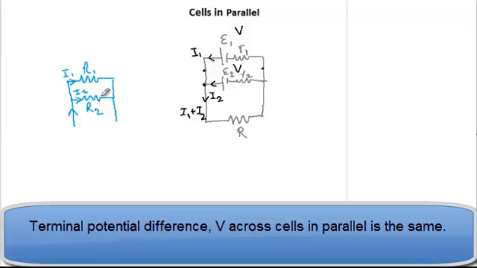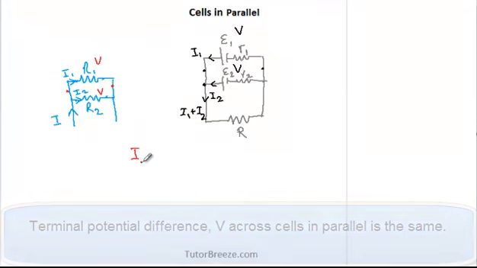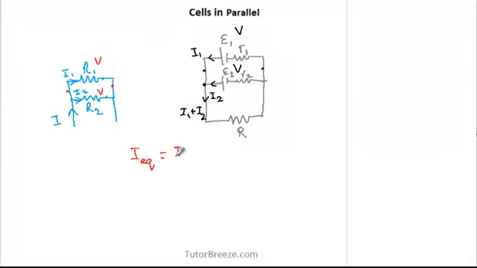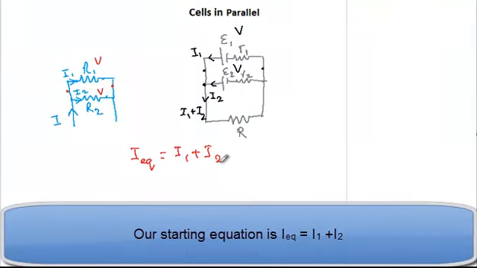The directions of the current don't matter, that doesn't make a difference. So the total current I in this case is I1 plus I2, and the total current I in this case is I1 plus I2. Now in case of this parallel combination of resistors, the voltage V across both the resistors is the same. Similarly, in this case, the total current, the equivalent current is I1 plus I2.